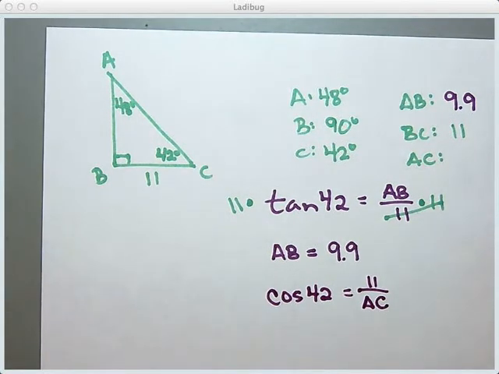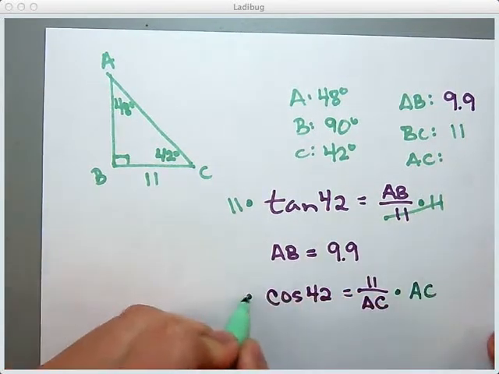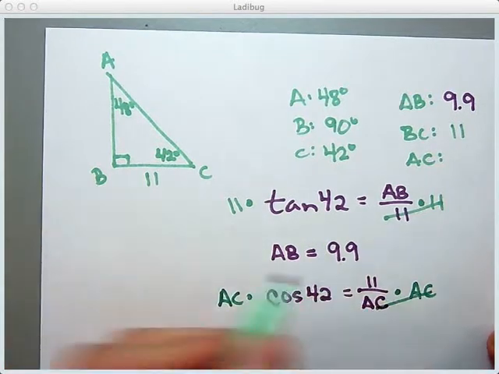How do I solve for something in the denominator? Multiply both sides by that and then divide, or you could reciprocate both sides and then multiply by the 11. It doesn't matter, whatever floats your boat. I'm going to multiply both sides by AC. It takes the same number of steps either way.